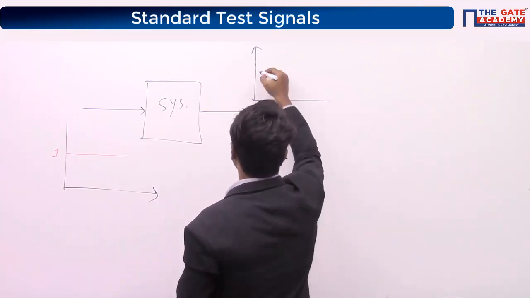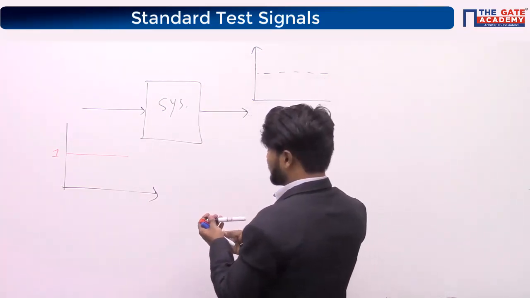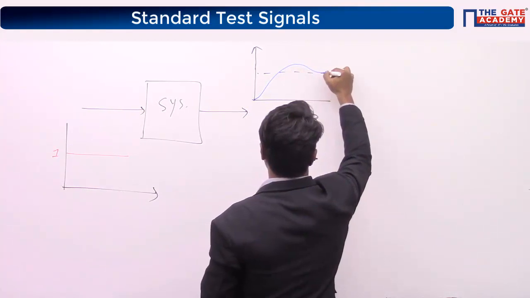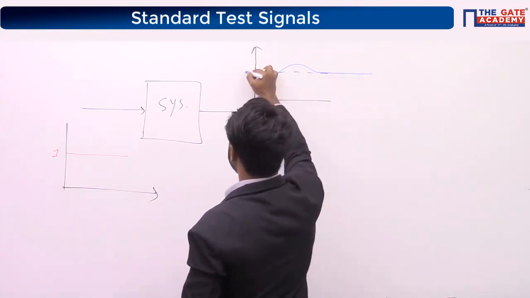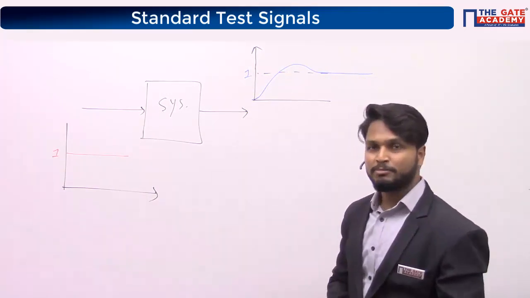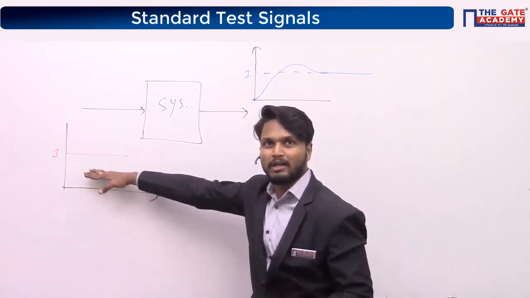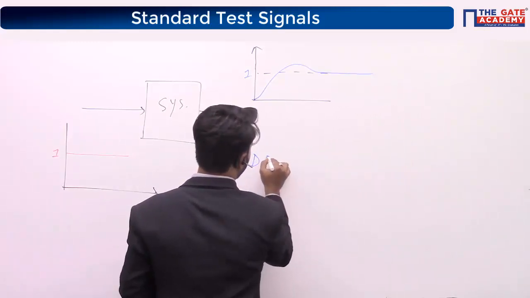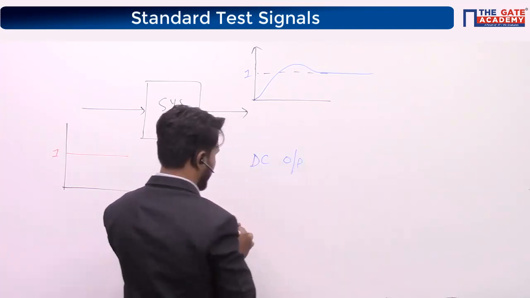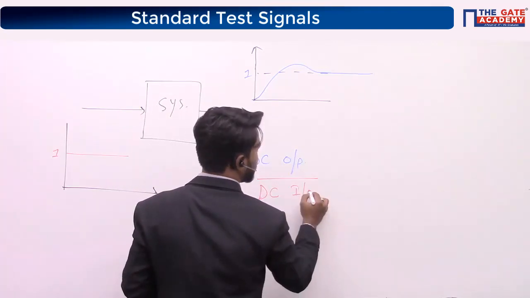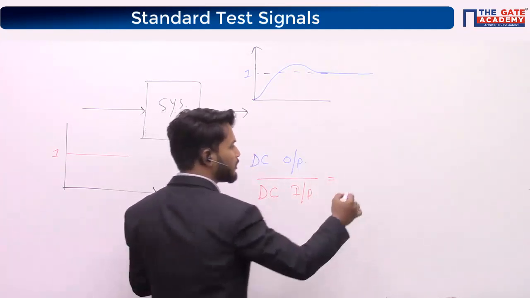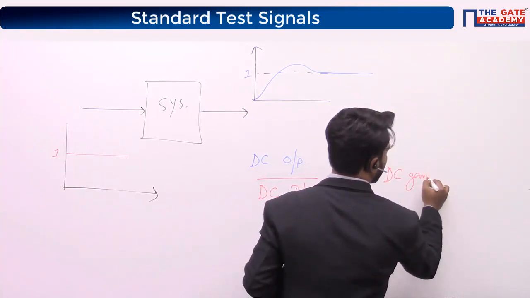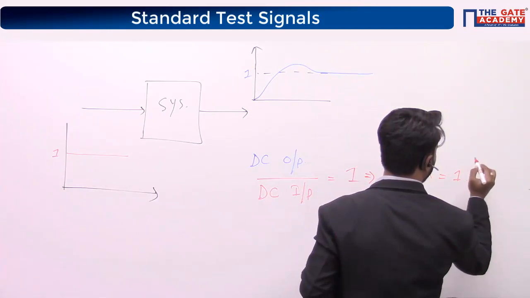We don't care about it. It might have some transient value, but the output steady state value is 1. If he is giving a DC input of 1, he is getting a DC output of 1, which means DC output divided by DC input is equal to 1, so the DC gain of the system is equal to 1.